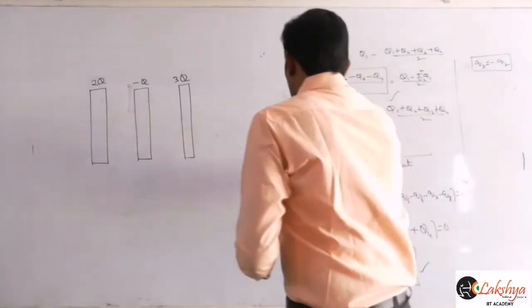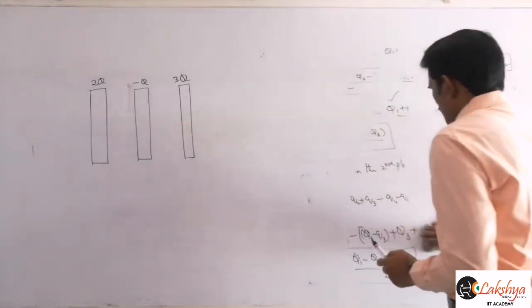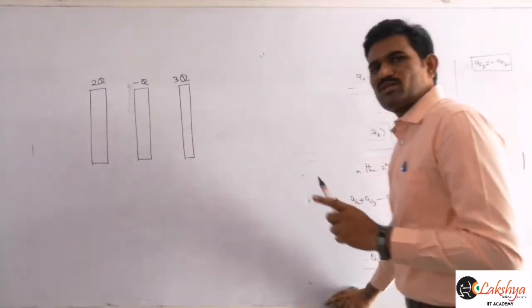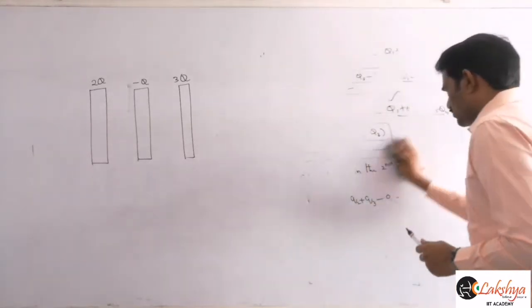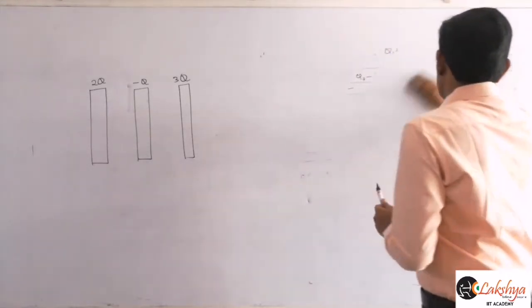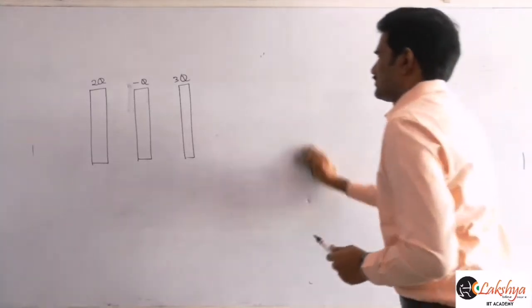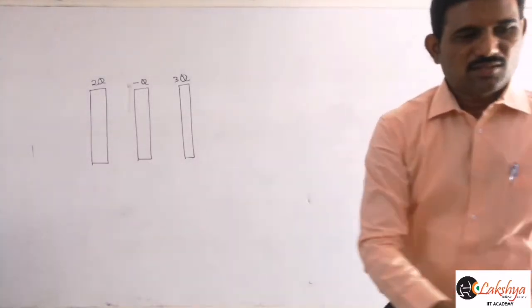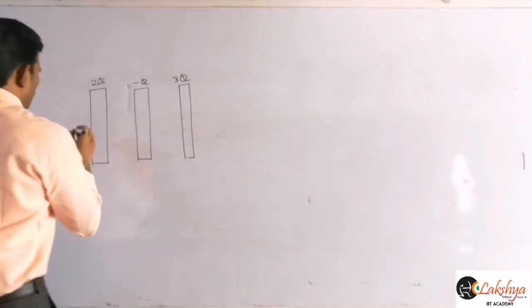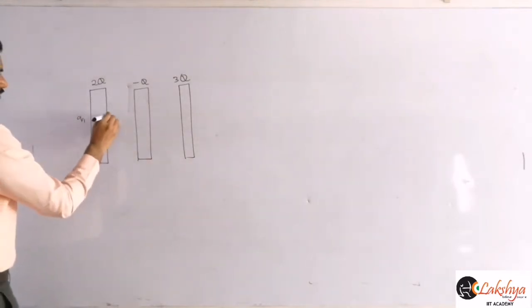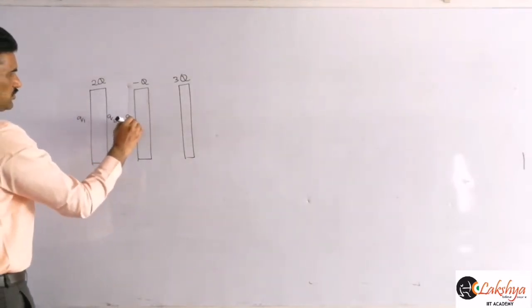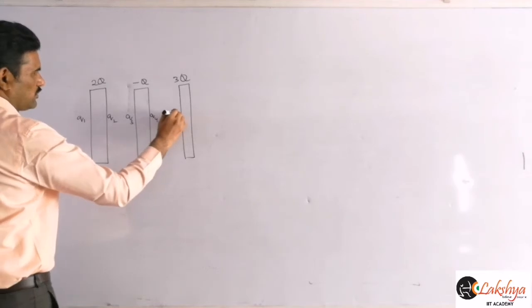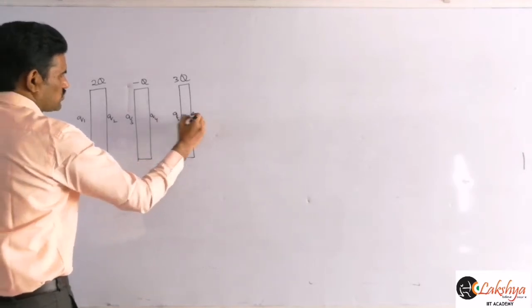Now we just need to apply our basic points, the fundamental points we discussed. Those 2 points are the fundamental points and you need to remember them regarding the charge distribution of these parallel plates. Let us take the distributions as q1, q2, q3, q4, q5 and q6.